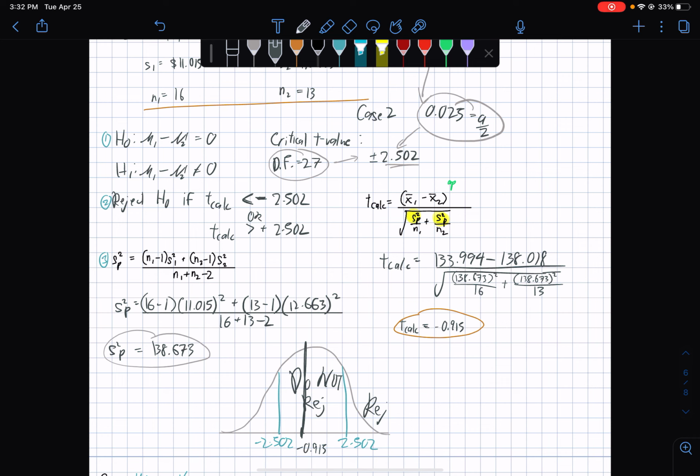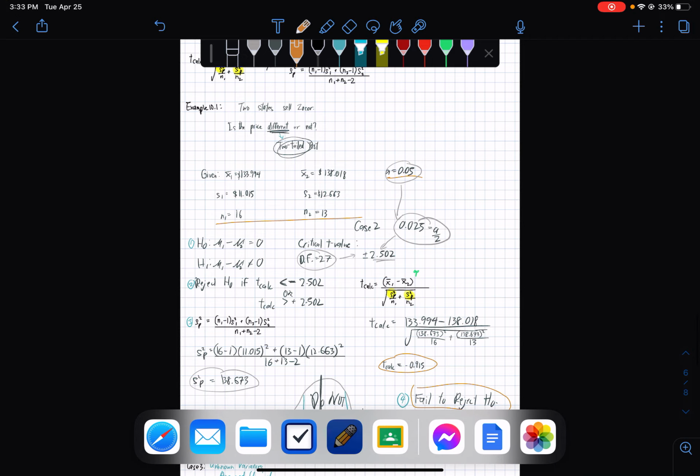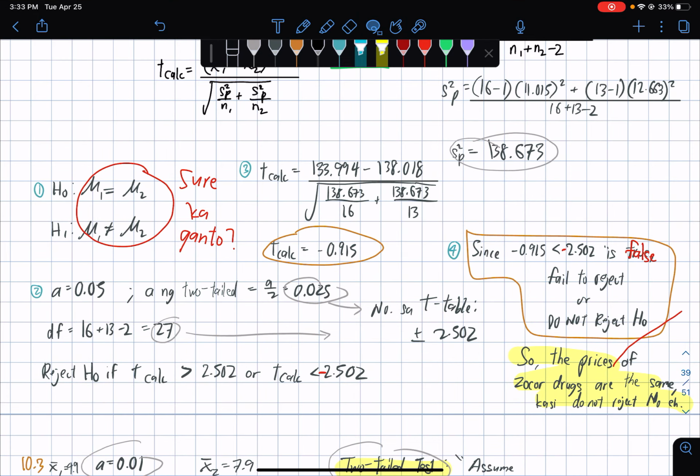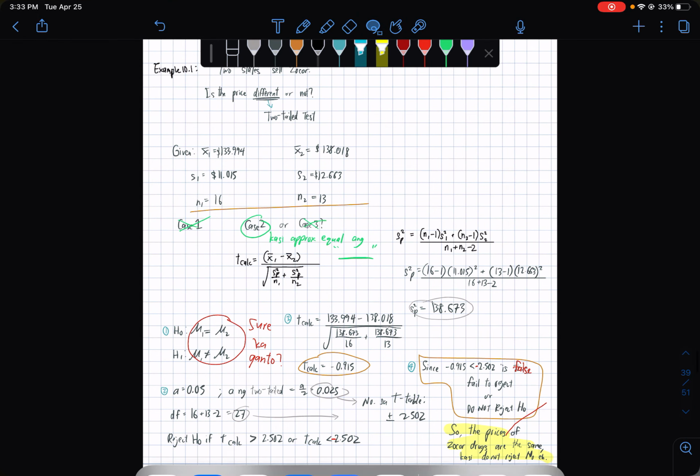At the right and left side, reject, reject. So, what is our ruling for 4? Fail to reject H0. Tama ba? Ayun, tama. So that's it.